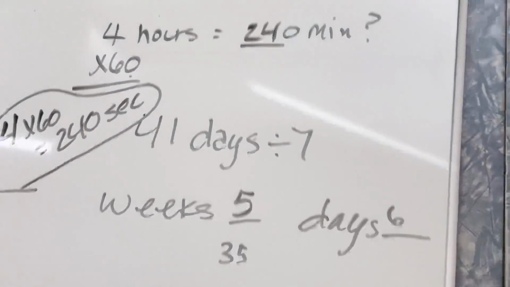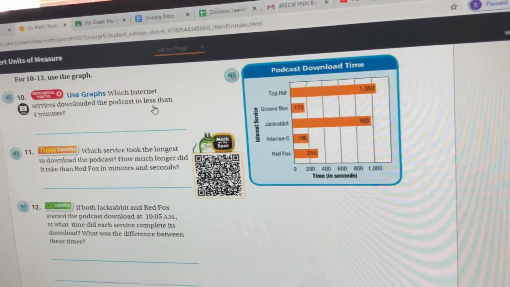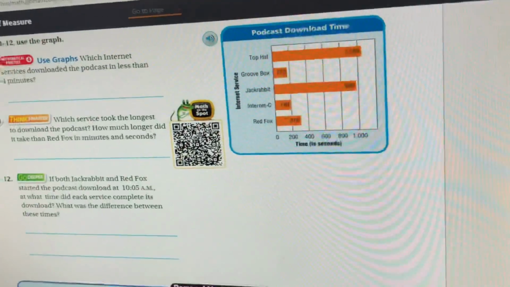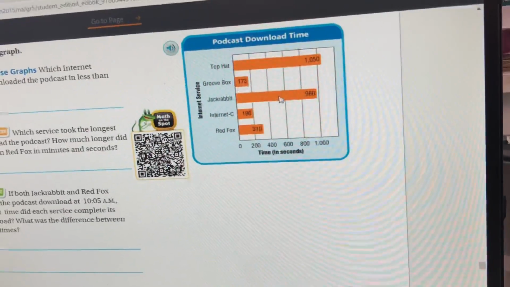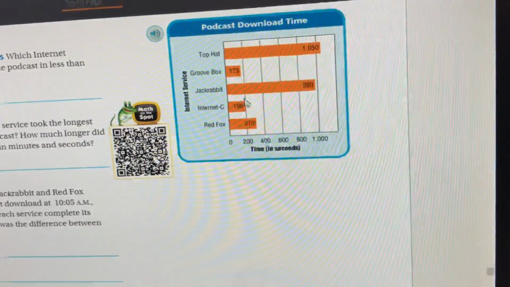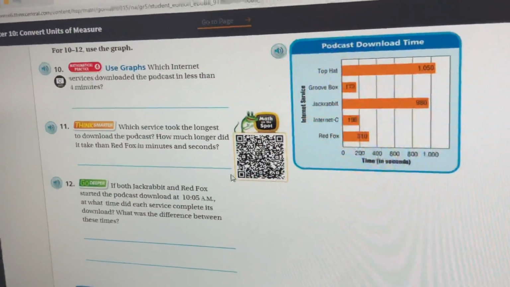So the question says, which internet services downloaded the podcast in less than, let's change that to 240 seconds. Easy. More than 240, less than 240, more than 240, less than 240. So you can answer that question without even doing a whole lot of math.